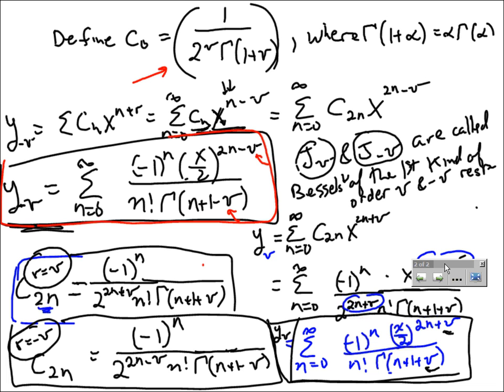Okay, and also plug in the positive real answer for r where v is, and you'll have the second solution. The general solution, like always, will be a linear combination.